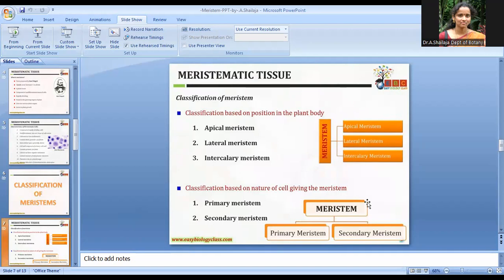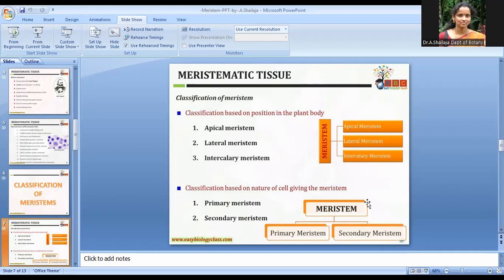See here, what is the apical meristem? Apical means it is present only at the edge. That is the apical meristem. Next, the lateral meristem is present at the sides.